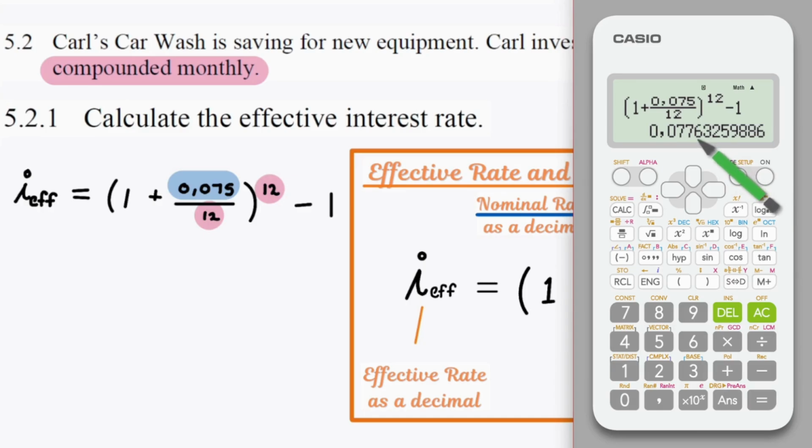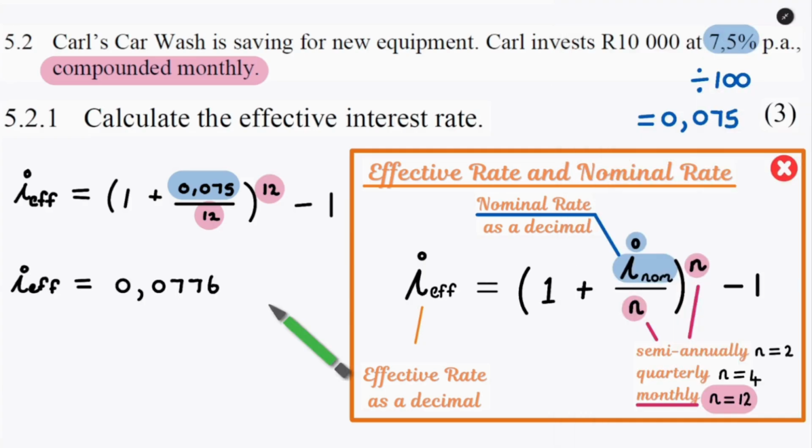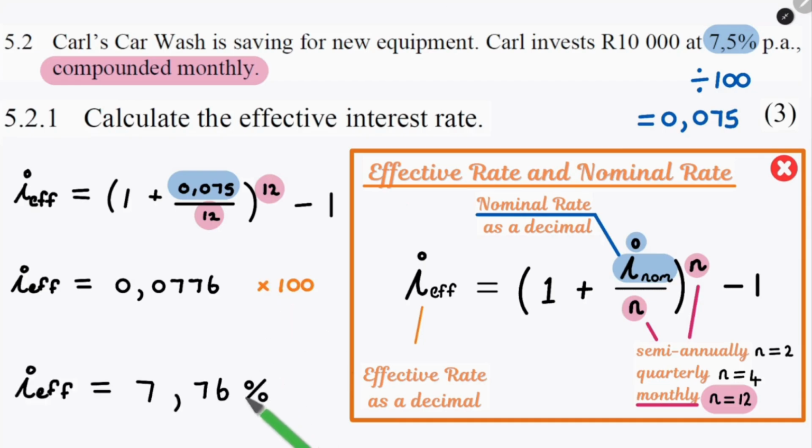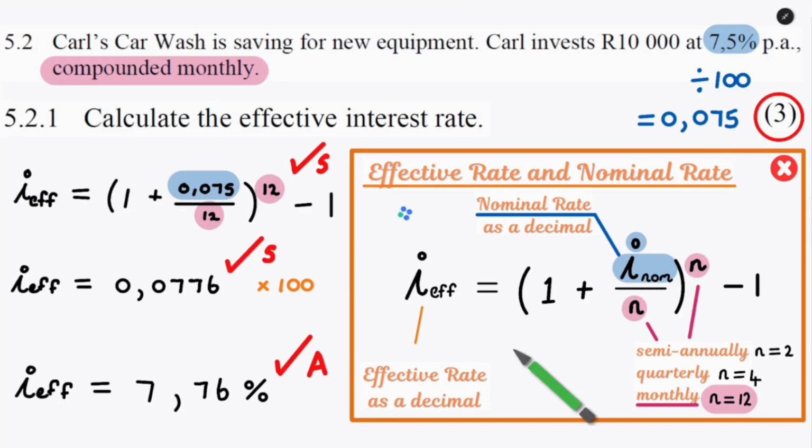This 3 will round that 6 down, so it stays the same. And then this answer that our calculator returned us, we times it by 100, and it gives us our effective rate to be 7.76%. And wrapping this question up, your 3 marks are awarded for the substitution, simplification, and answer.